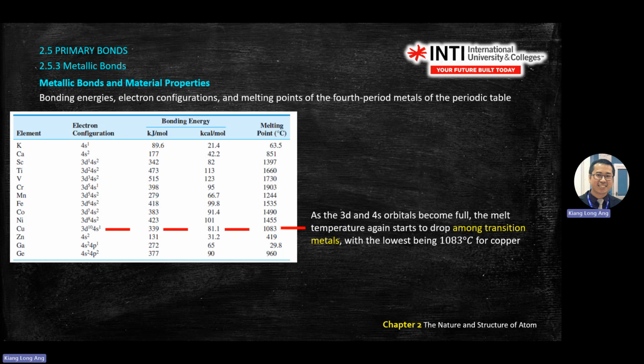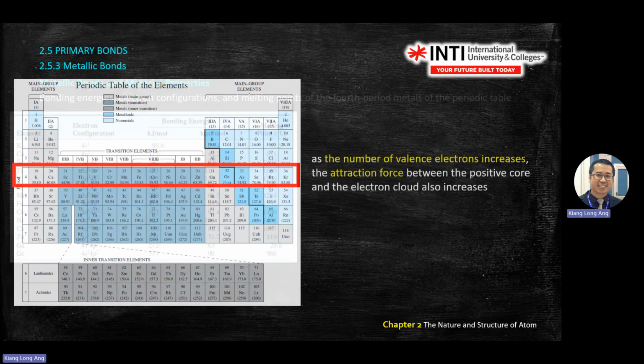Okay, so we pick one, Cu. Cu, you have 3d10 and then 4s1. So we check back again. Cu is here. Cu is at 3d. So you calculate from here 1, 2, 3, 4, 5, 6, 7, 8, 9.